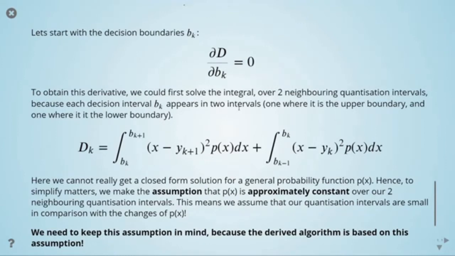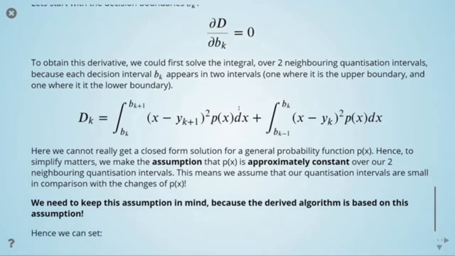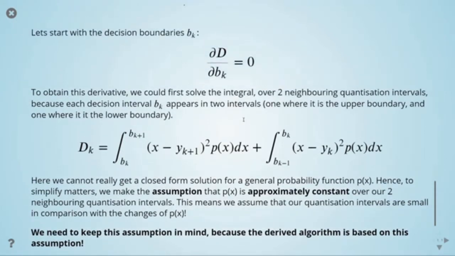This is a very important assumption. This is how the algorithm is derived based on this assumption. So we are assuming that the probability p of x is approximately constant over two neighboring quantization intervals.